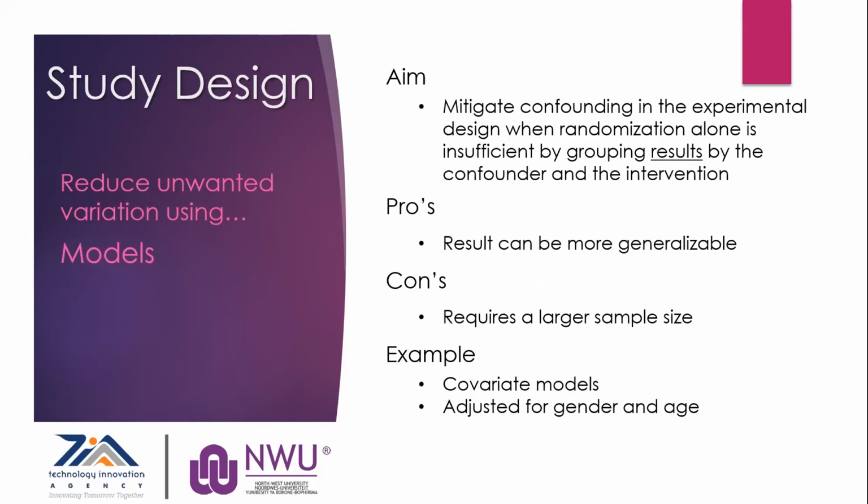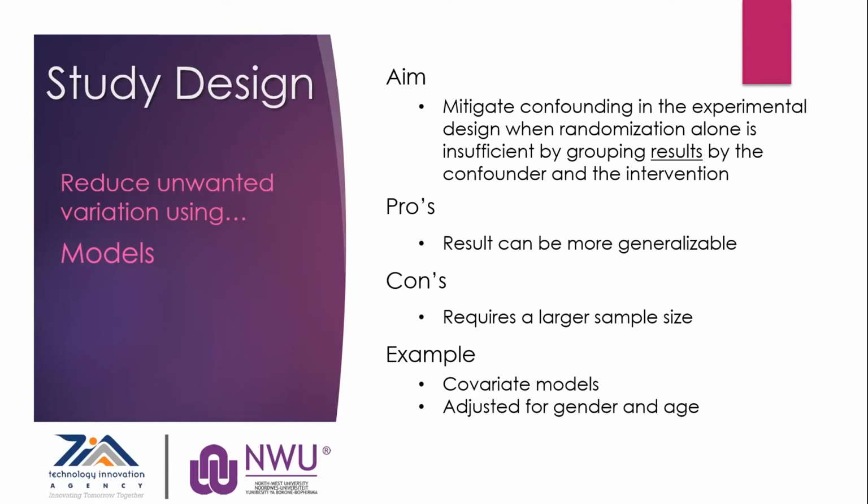Then the last one that I'm listing here today to reduce unwanted variation is to use the stats, to use the actual model. So you build into your model all these confounders that you weren't able to mitigate in some way. The pro of this is, of course, that your result is a lot more generalizable because there are no exclusion criteria that need to be accounted for, but it will require a larger sample size.